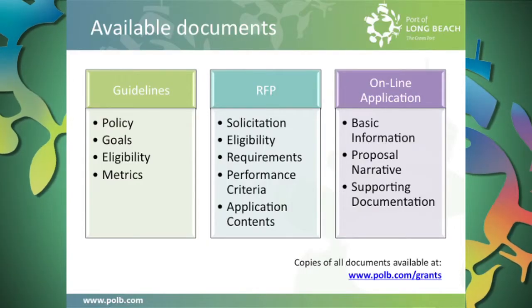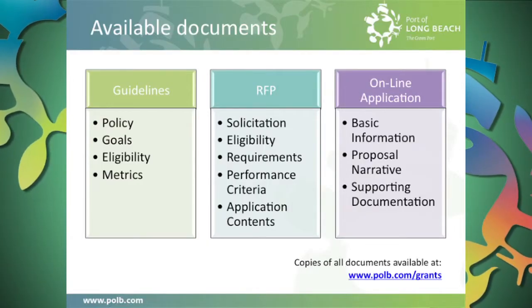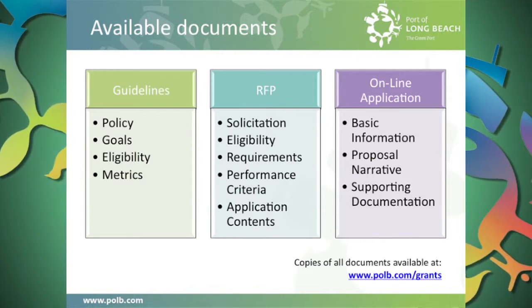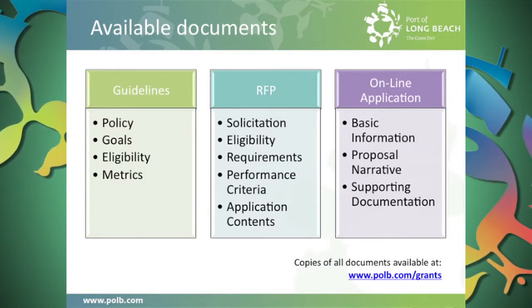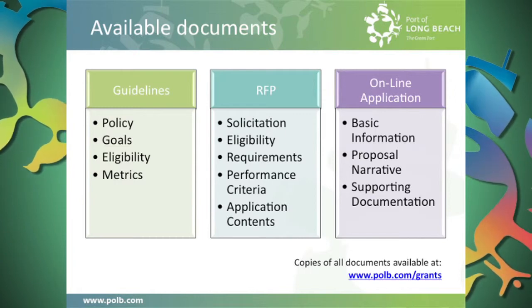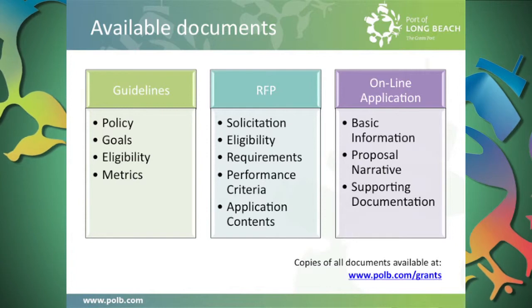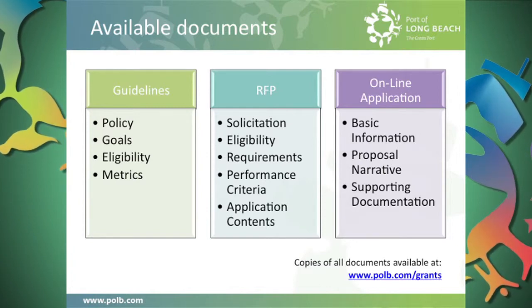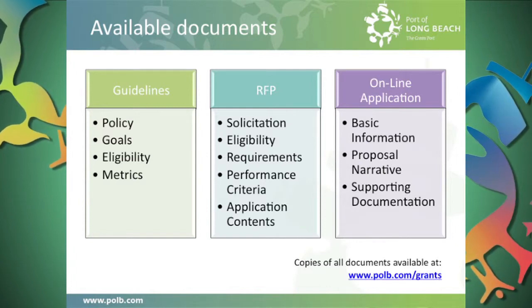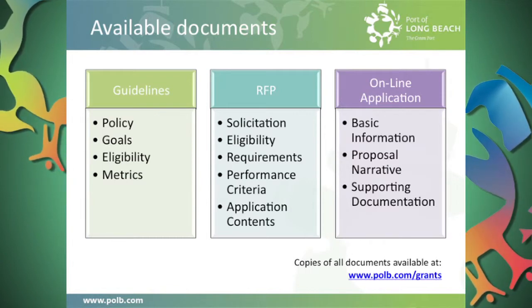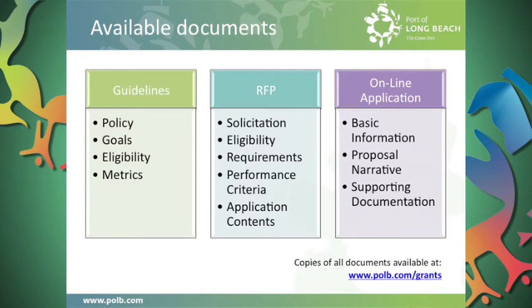We have 3 documents that you should review in the application process. The first is the guidelines, and this is the overarching policy setting document that's approved by our Board of Harbor Commissioners. It talks about the goals of the program, the eligibility requirements. Then we have the RFP, which gets into a lot more of the details about what you need to apply, what you need to provide for your application.